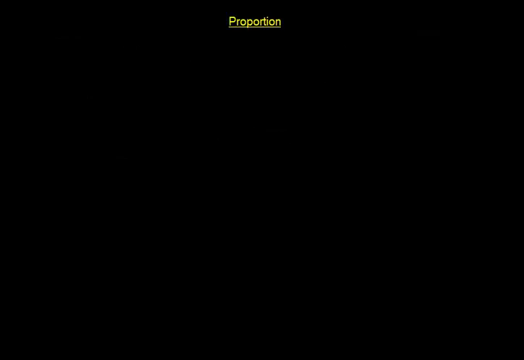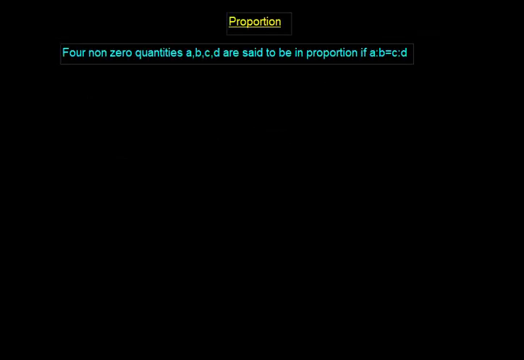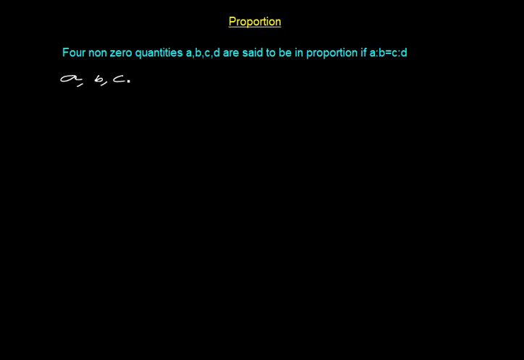Now let us learn about proportion. Non-zero quantities A, B, C and D are said to be in proportion if A is to B equal to C is to D. Here A, B, C and D are called terms of proportion.